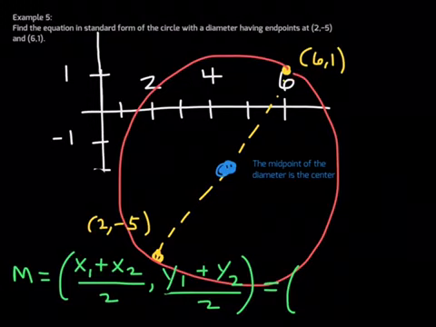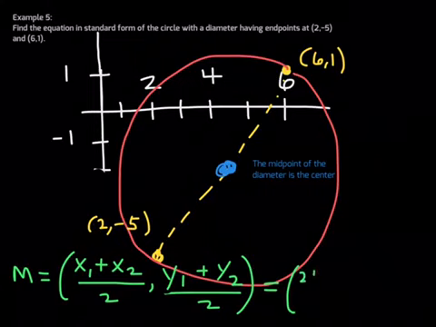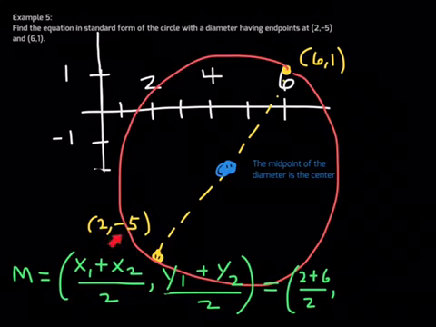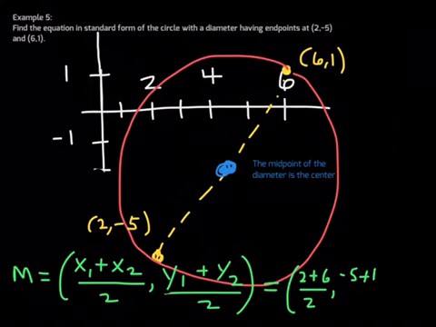We have to add those. 2 plus 6 divided by 2, comma, and then we take our y coordinates, add them together, and divide by 2. So -5 plus 1, and divide by 2.